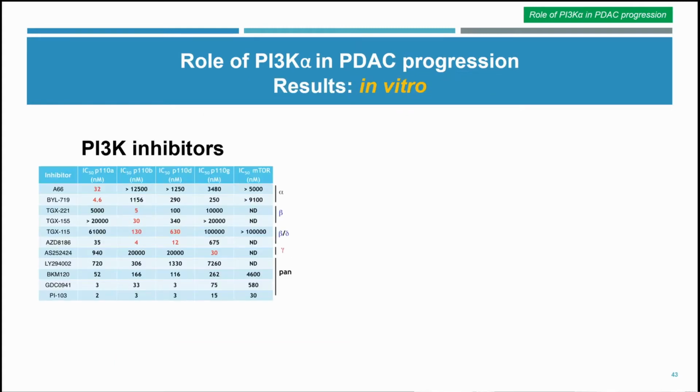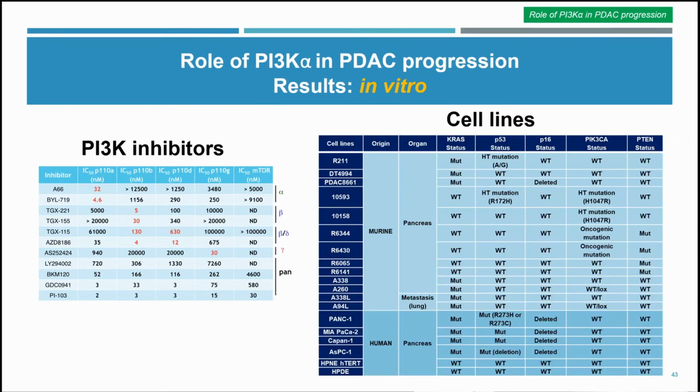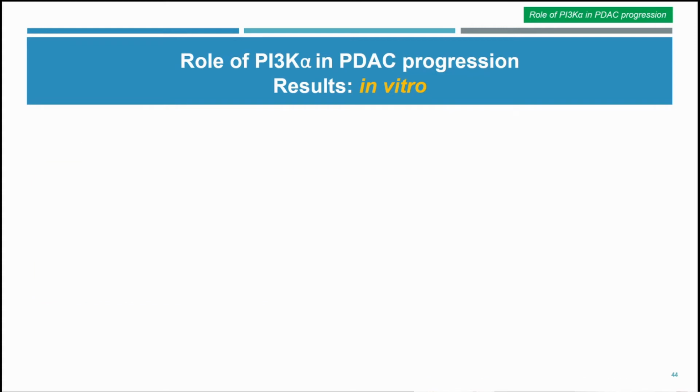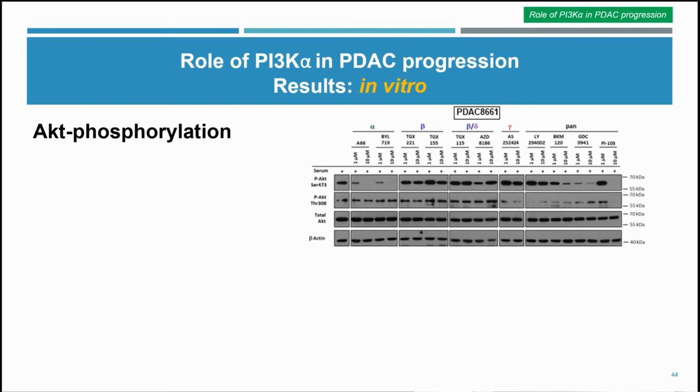So we then tried an in vitro approach. For this, we used a panel of PI3K inhibitors that were isoform selective or pan-PI3K inhibitors. We tested them on a panel of cell lines from murine and human origin that had different mutational status for KRAS, P53, P16, PIK3CA, and PTEN.